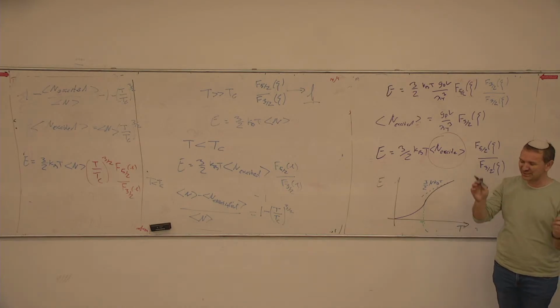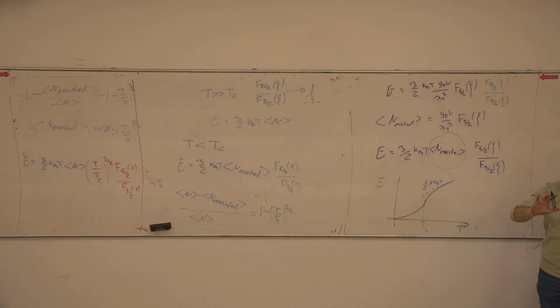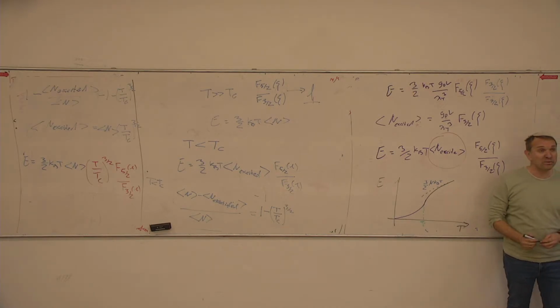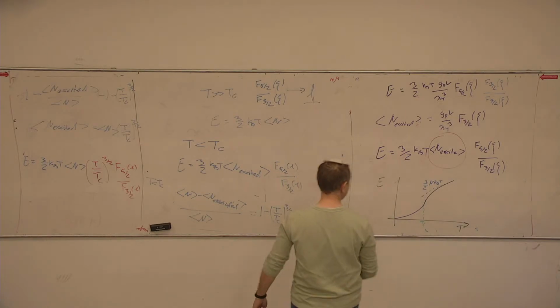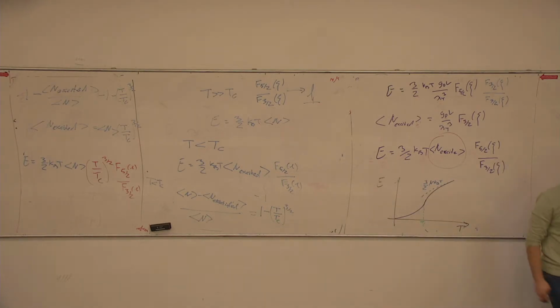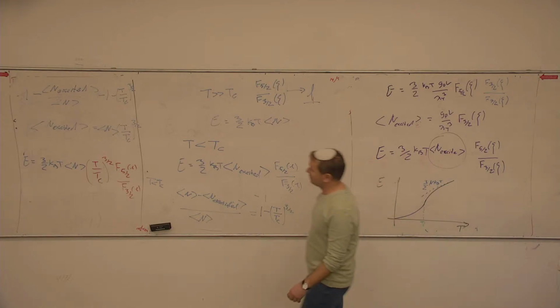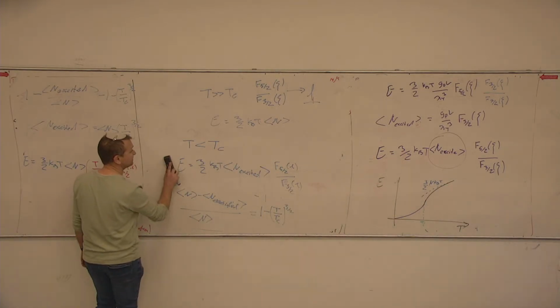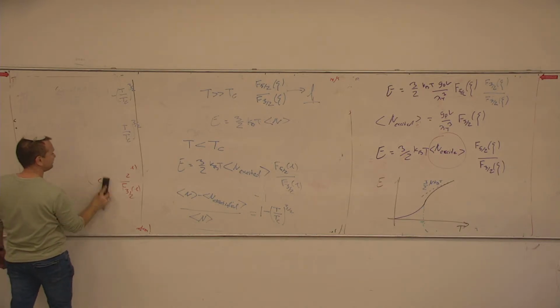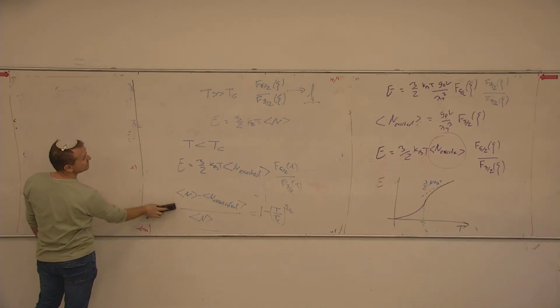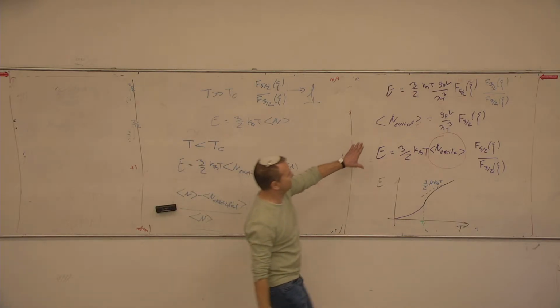Okay, so there was something interesting that happens to the average number of particles. Something interesting happens to the energy. What people actually measured, and how all of this business started, is the heat capacity. So what is the heat capacity of this guy?